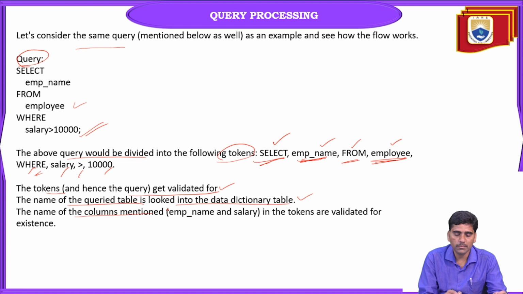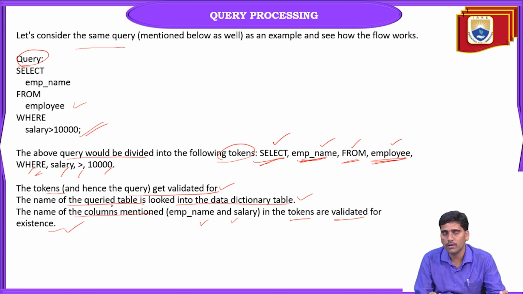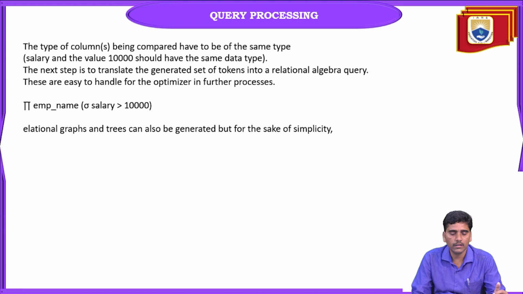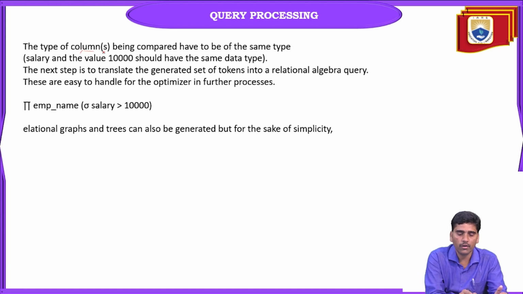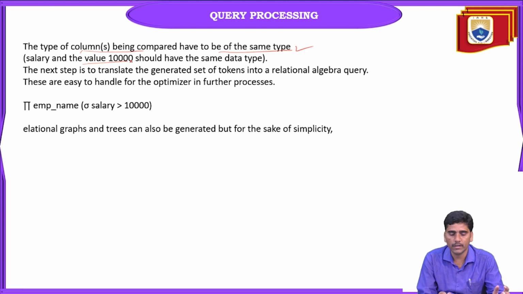The names of the columns mentioned, employee name and salary, in the tokens are validated for existence. So each and every thing has to be checked. The types of the columns being compared have to be of the same type, so salary and the value 10,000 should have the same data type.